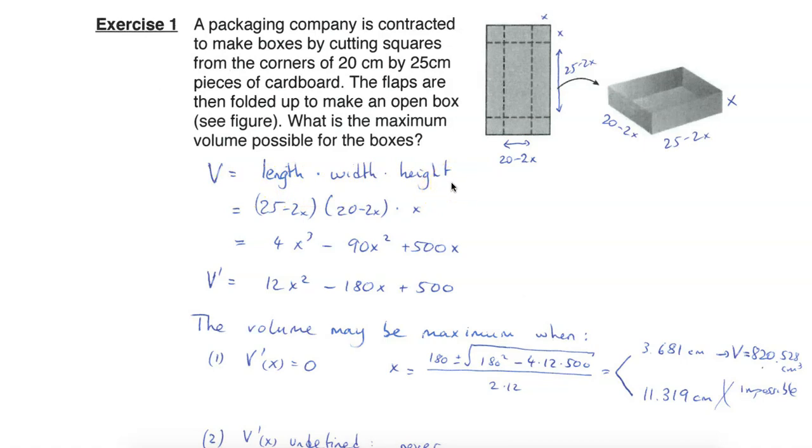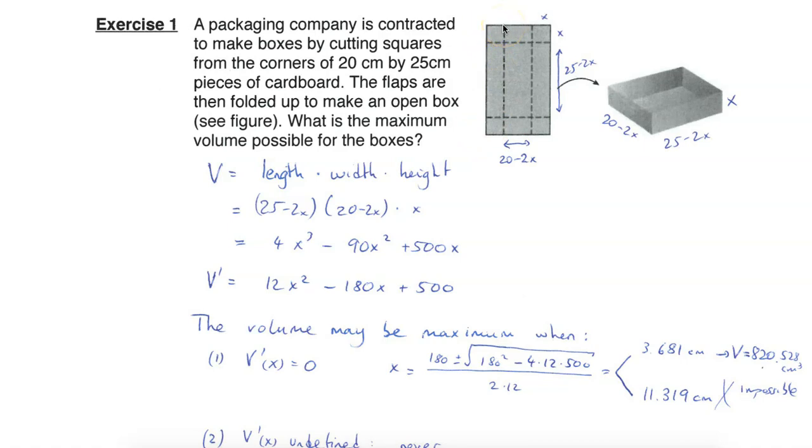Now we want this to be written in terms of a variable we can work with, and a good choice happens to be to pick x as the side of the squares we cut off. So we have x here, x here, and x here, and all around. X here, x there, and finally x here and x there.